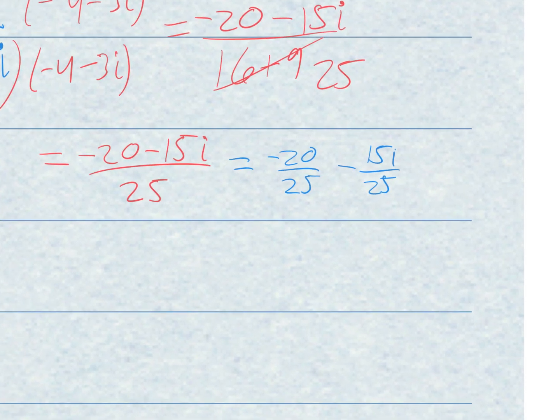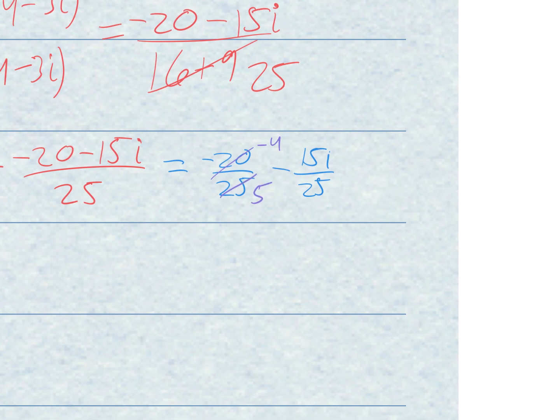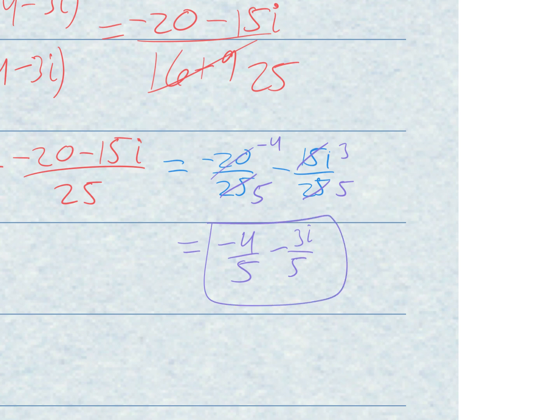They share a factor of 5, so negative 20 becomes negative 4, and 25 becomes 5. Same thing here, 15 becomes 3. You can divide the top and bottom by 5. And then we should get negative 4 over 5, that's our real part, minus 3i over 5. All right, and this should be our answer in standard form.